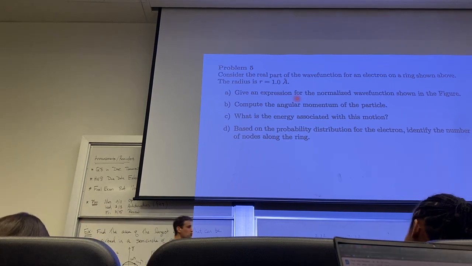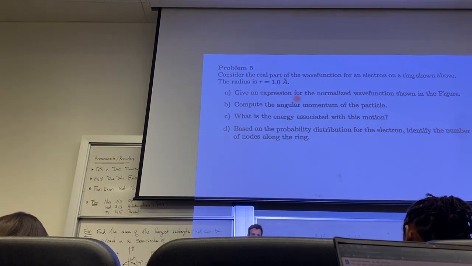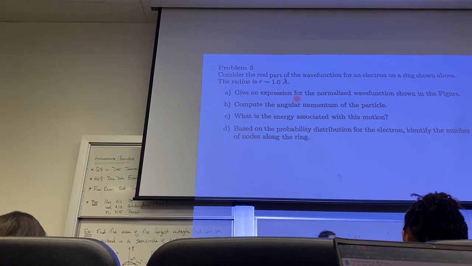So if I'm asked to compute this, then I have to actually calculate this, not just write it, and I have to fill out all these values. I know everything. This is 5, h bar is given, mass of the electron is given, r is given in the question as well. It's 1 angstrom. So I can just fill out all those numbers and literally calculate what the energy is.